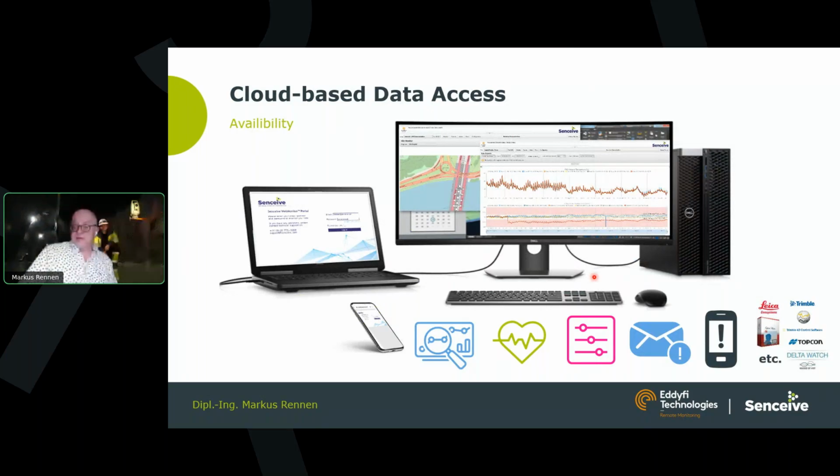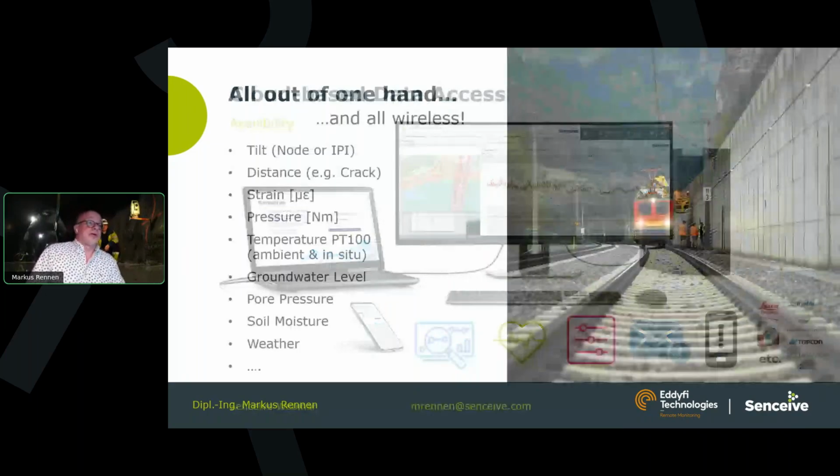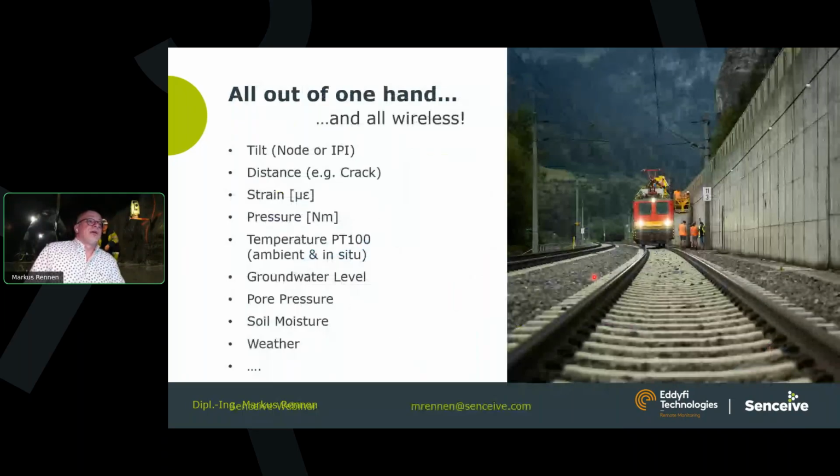Yeah, well, and in order to finalize this whole brief overview of, let's call it, tunnel or tunnel related monitoring, I summarized a number of parameters that can be observed.